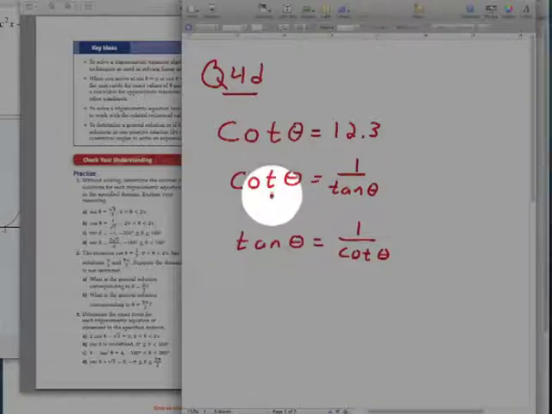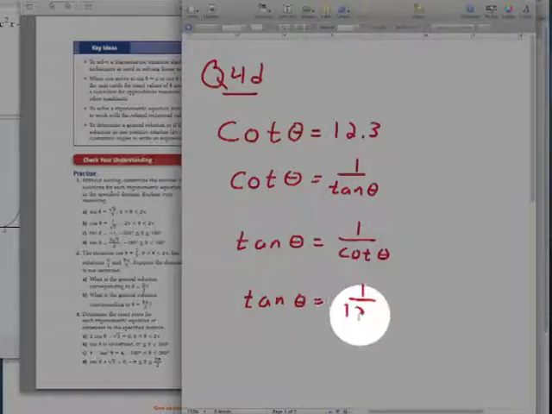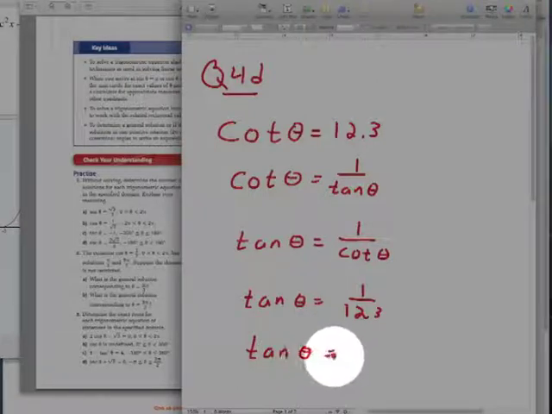If I flip this part of it, it becomes 1 over tan theta. So now tan theta would be the same as 1 over the original number here, which is 12.3. So now tan theta is going to equal some kind of decimal. 1 divided by 12.3 turns out to be 0.0813.